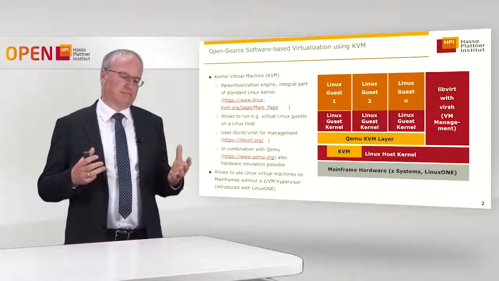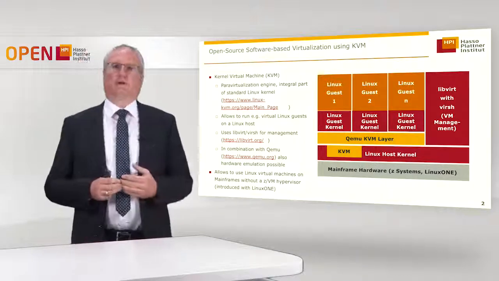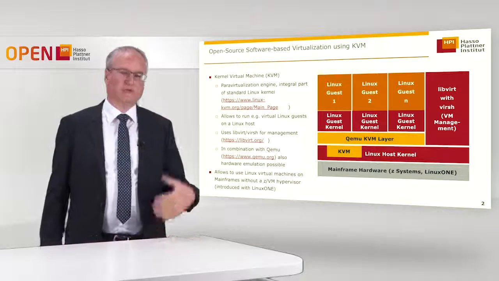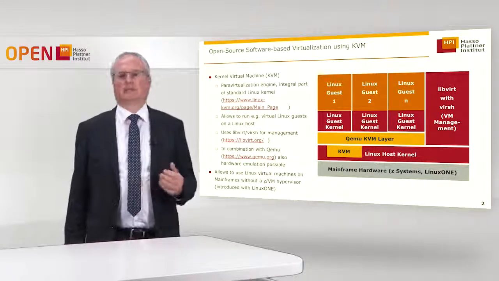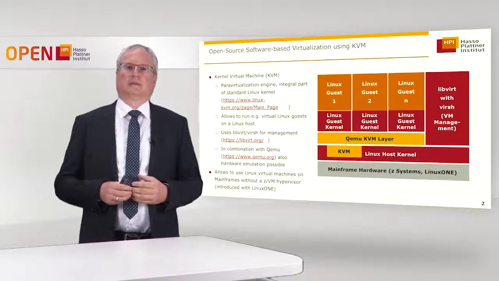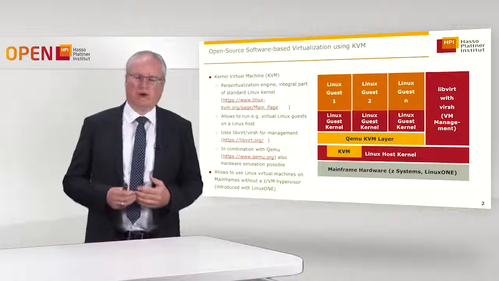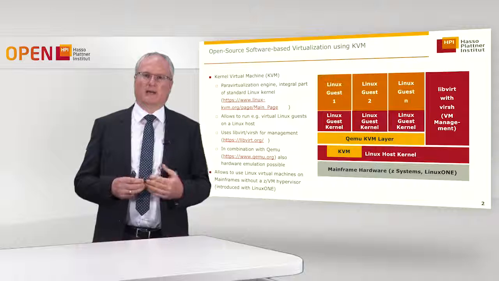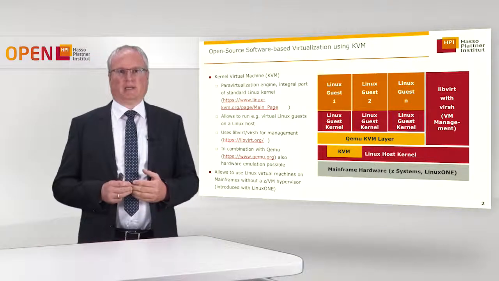And in combination with the launch of the LinuxONE platform, some new features have also been ported to Linux on S390, as it is called, on the mainframe hardware. Among these is KVM, which was not available before, at least not completely, and is now also a strategic option on the mainframe hardware.